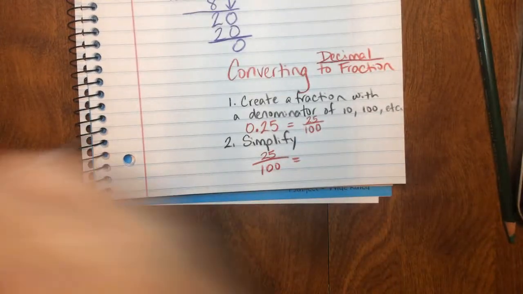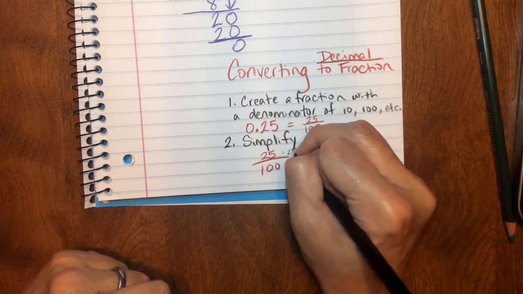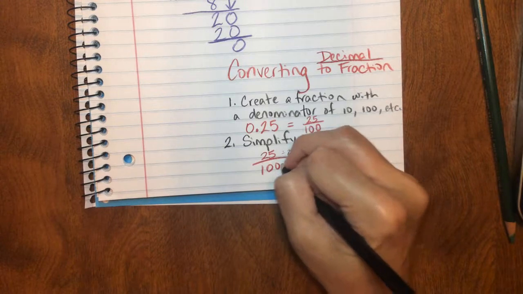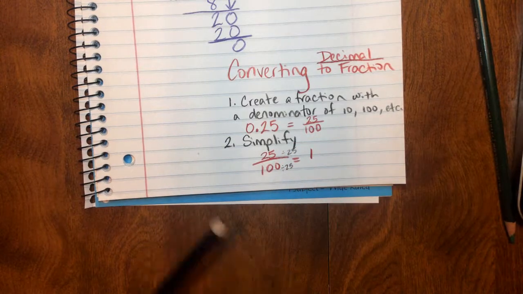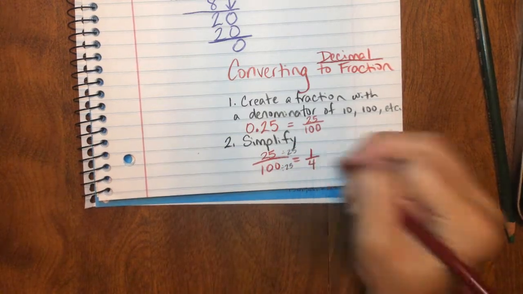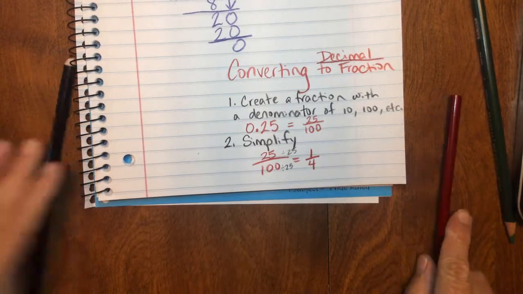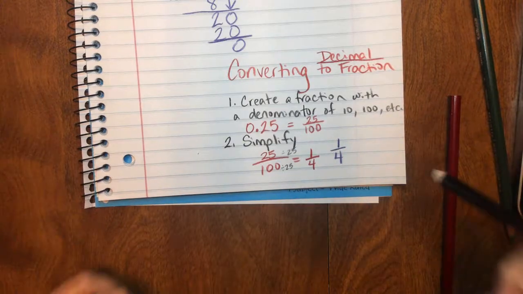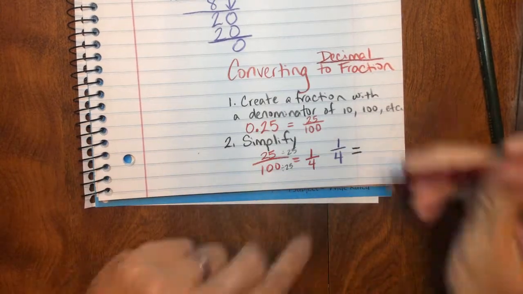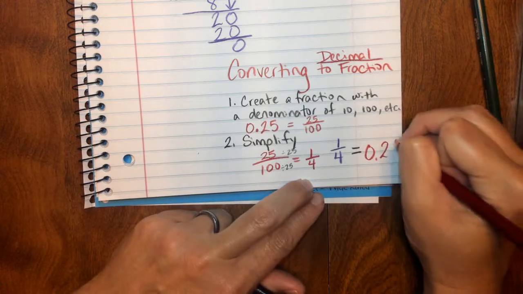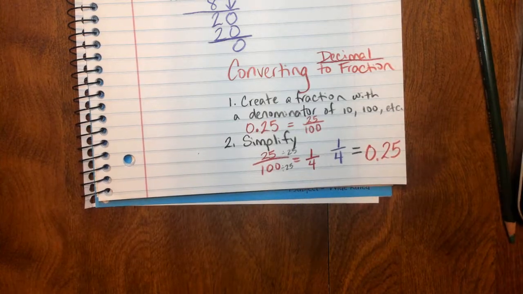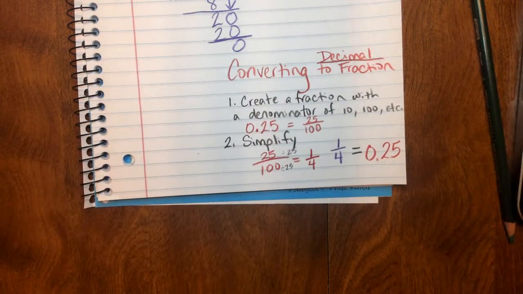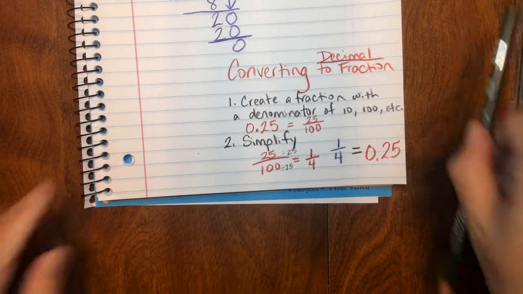If I divide 25 by 25, I get 1. If I divide 100 by 25, I get 4. So here I have shown that 1/4 equals 25 hundredths again.